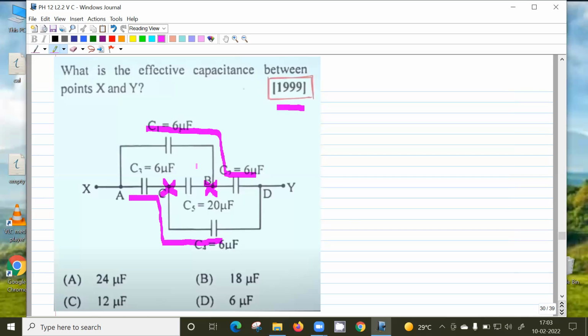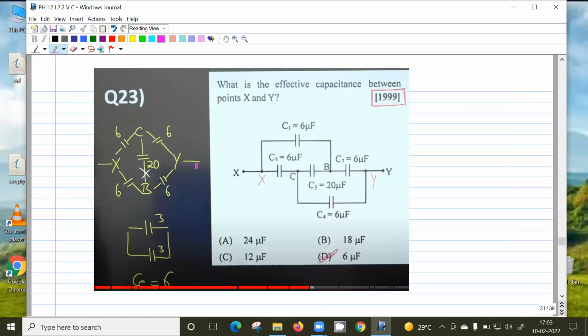So the combination is 6 microfarad. So option D is the correct one.